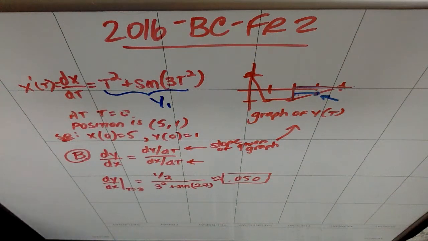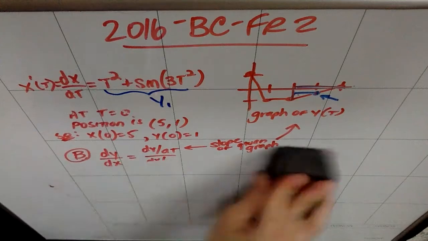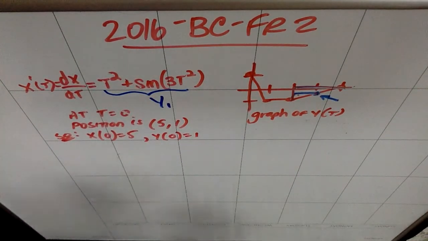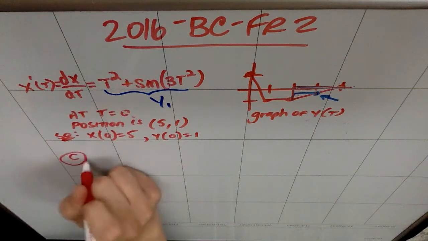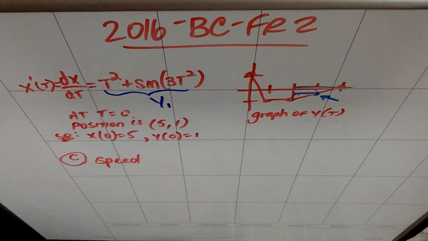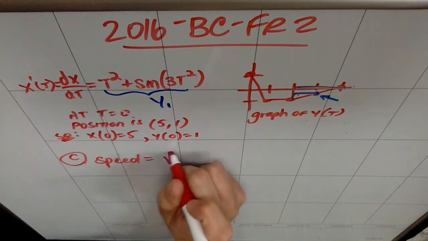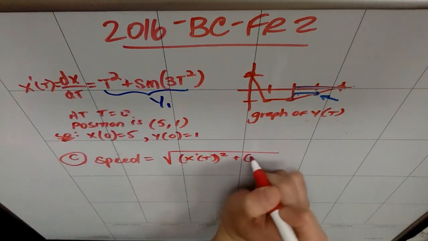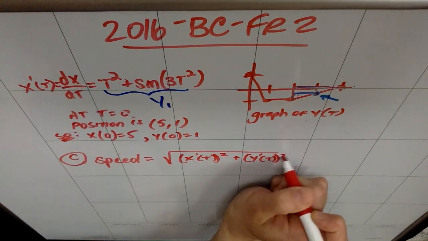Part C, find the speed of the particle. It's really important when you do parametric problems that you know the formula for speed, right? So the speed of this particle, and they specifically want the speed at t equals 3 again, is going to be the square root of x prime of t quantity squared plus y prime of t quantity squared.